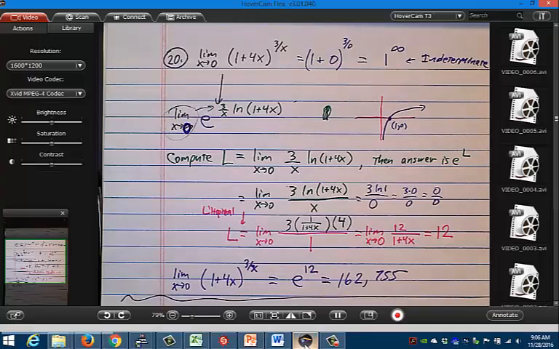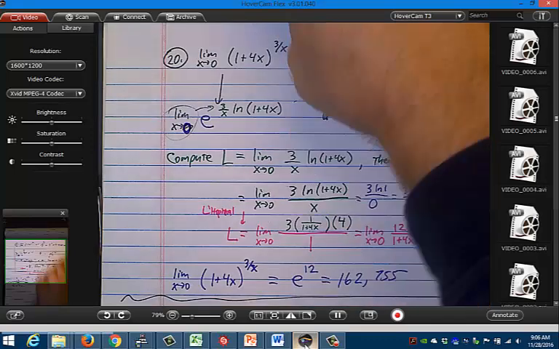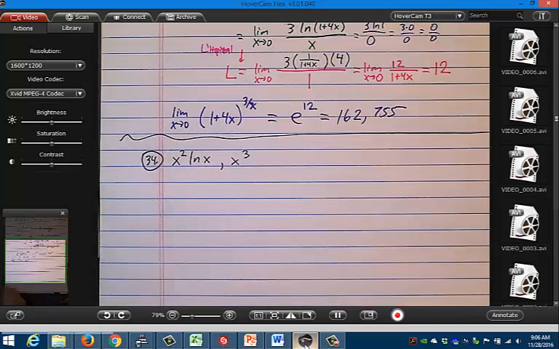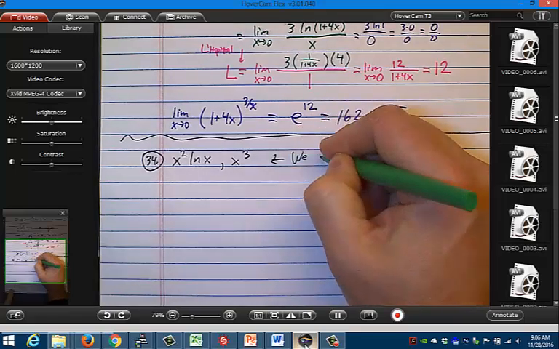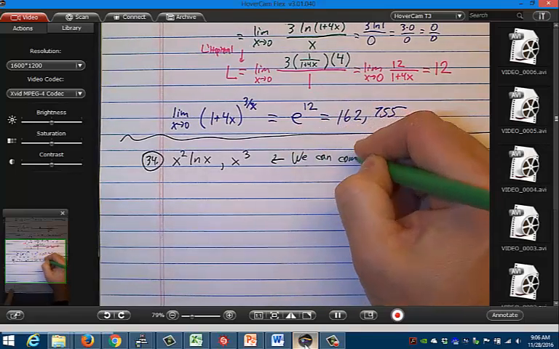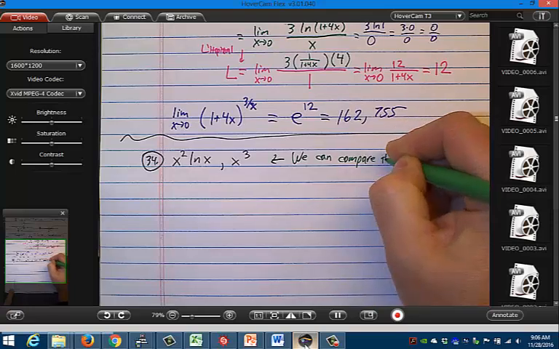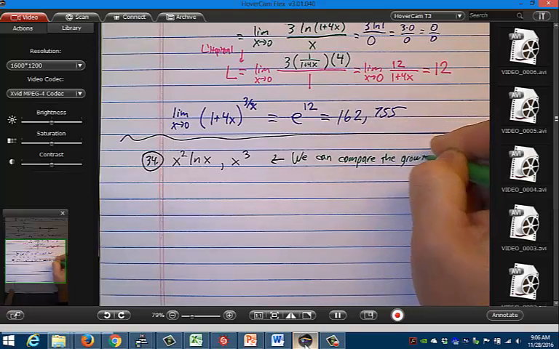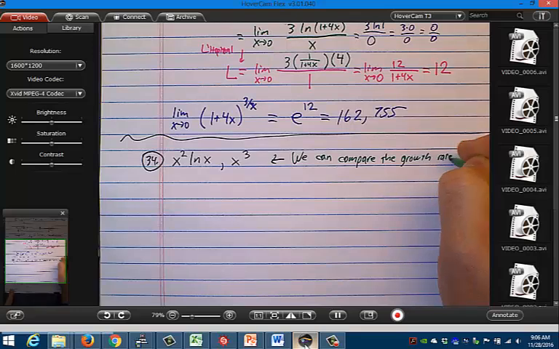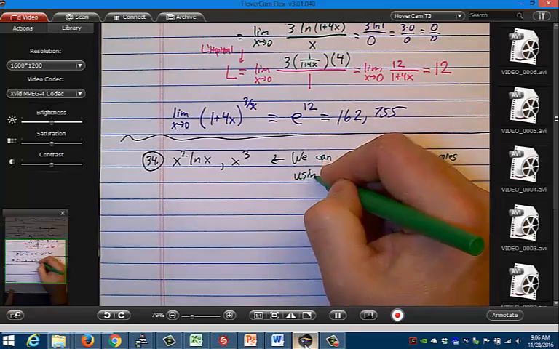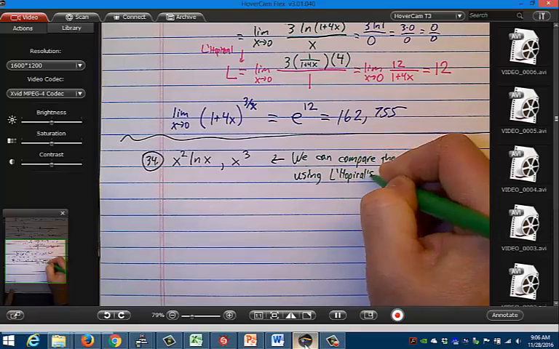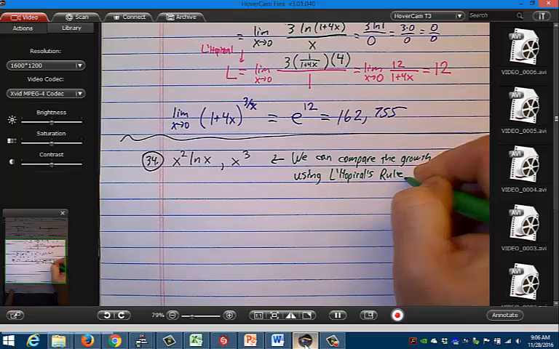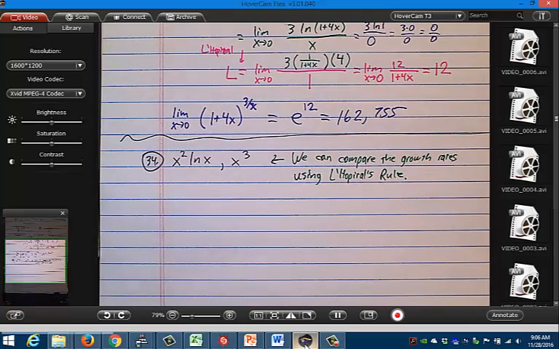One way to compare growth rates is the following. We can compare the growth rates using L'Hopital's rule. So basically the idea is this.